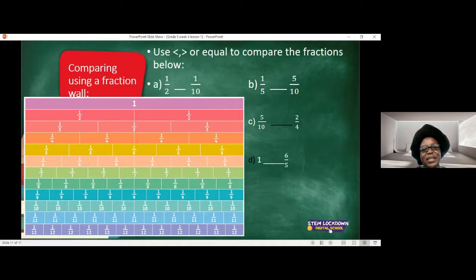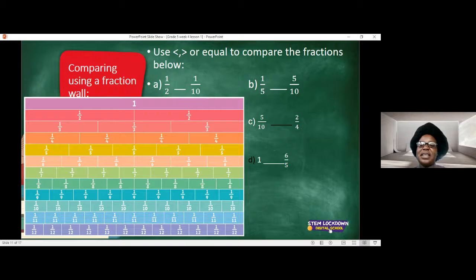And then the last one, this one is tricky for you. I said 1/2. 1/2 is here. So 1/2 starts from here and 1/2 ends there. And then 6/5. So can we find 6/5 here? Let's look. Using the knowledge that I've already given you, I said that 6/5 is an improper fraction.